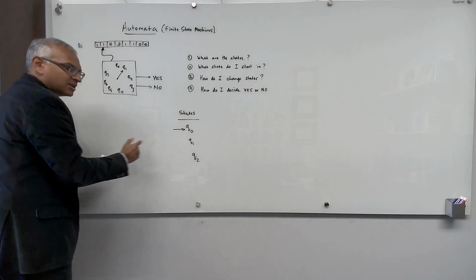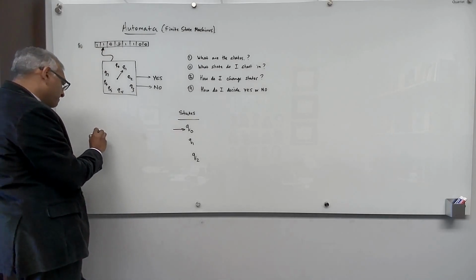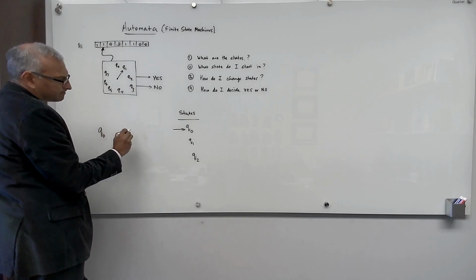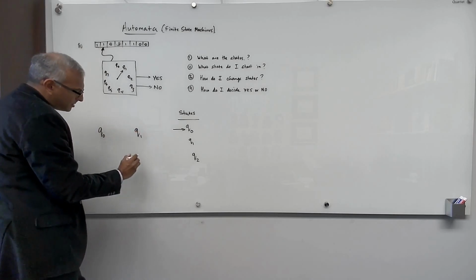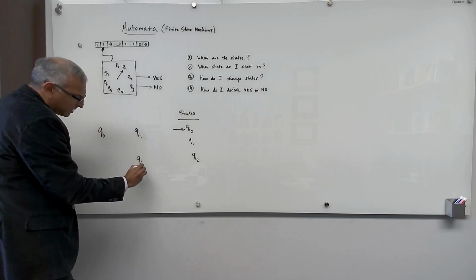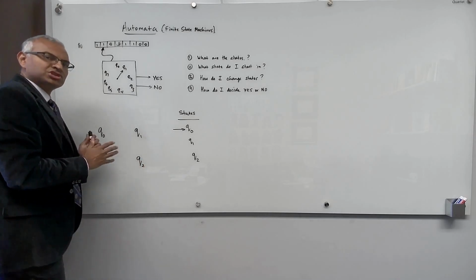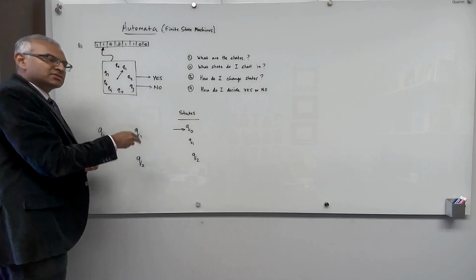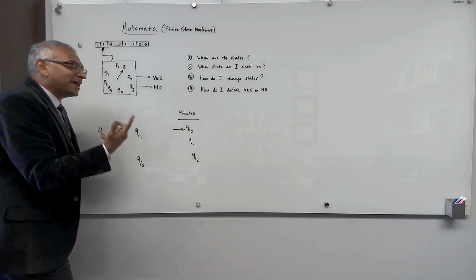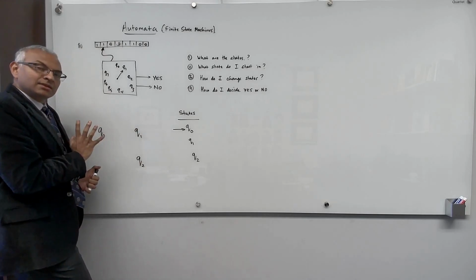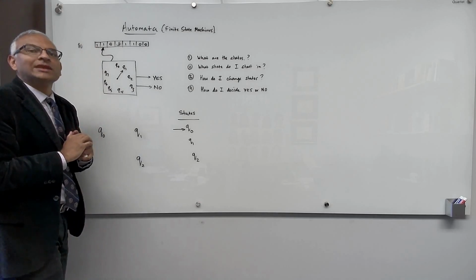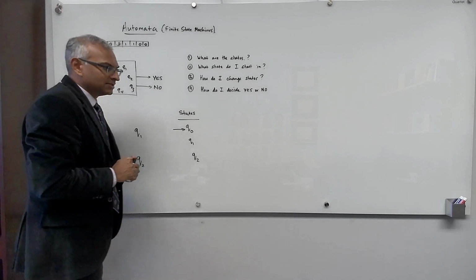Okay, so we put these states as vertices in a graph. Q0, Q1, Q2. Okay, and now what I need to do is tell the machine how to change state. So which state you go into depends on what state you're in and what bit you read. Okay, what bit did you chomp?